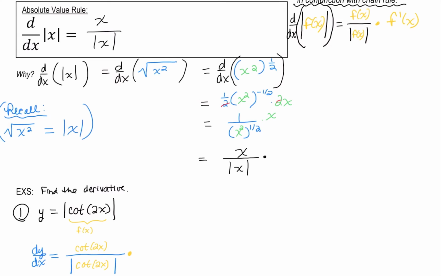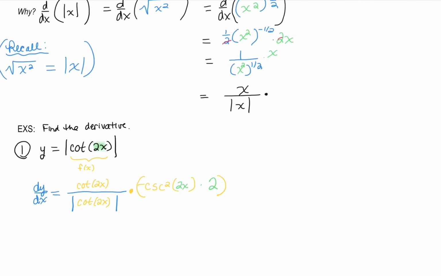Well, the derivative of cotangent of 2x requires its own little chain rule. The derivative of cotangent is the opposite of cosecant squared of that inside function left alone, and then times the derivative of its inside, so times 2. So this whole thing right here represents the f prime, the derivative of the inside.